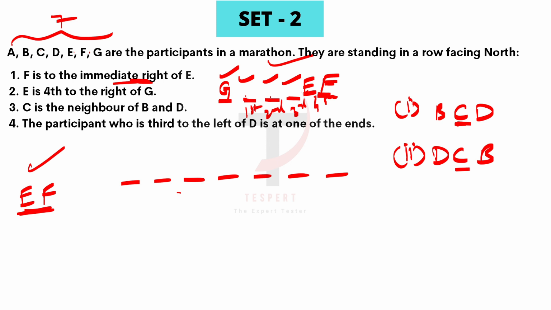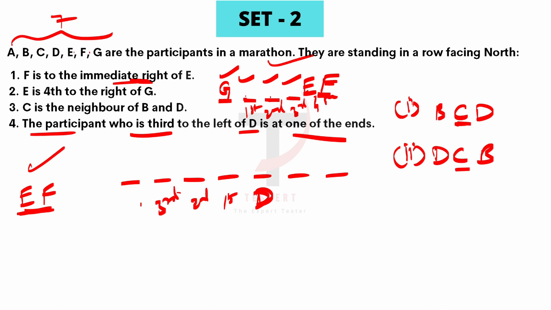Now if we look at the last statement, the participant who is third to the left of D is at one of the ends. Now this statement can be a lead for us. If we place D in this place, then this is the first left, second left, third left, and this is the fourth left.